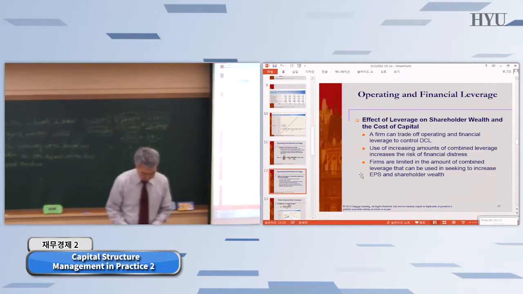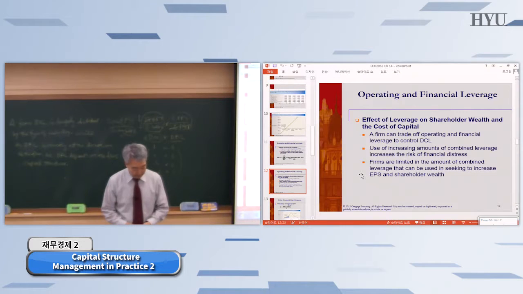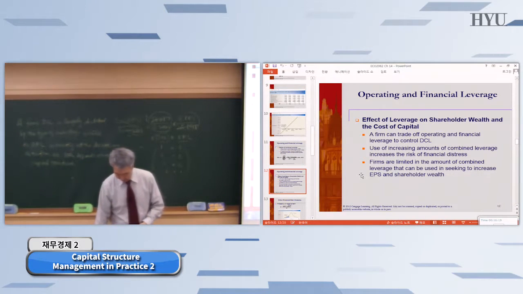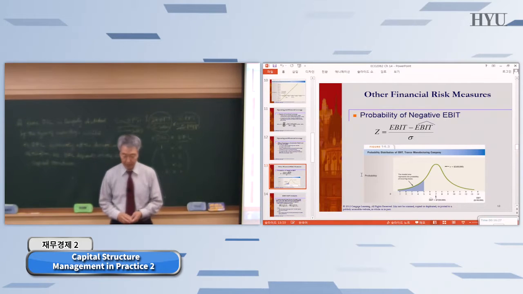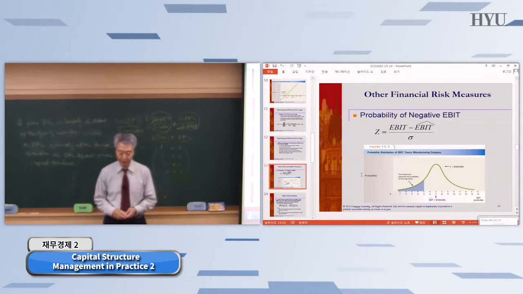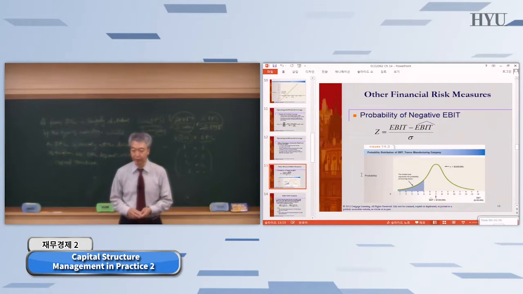Okay. All right, so that's about the DCL, the degree of combined leverage. And here we have a slightly different concept. Again, we're talking about risk, or actually the determination of capital structure considering the risk.